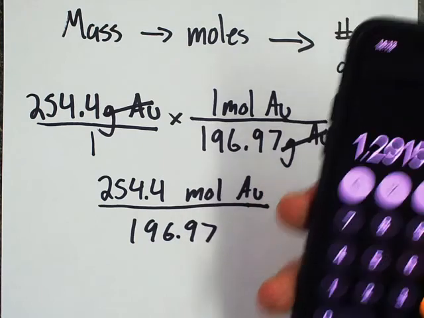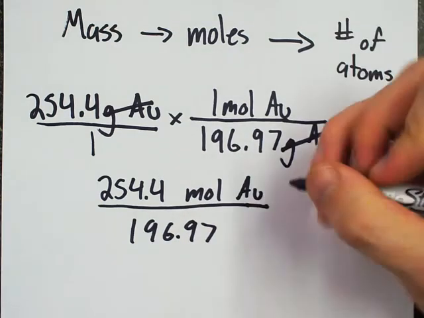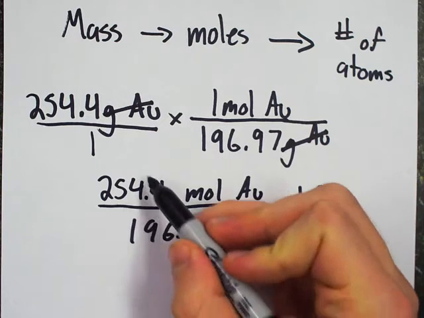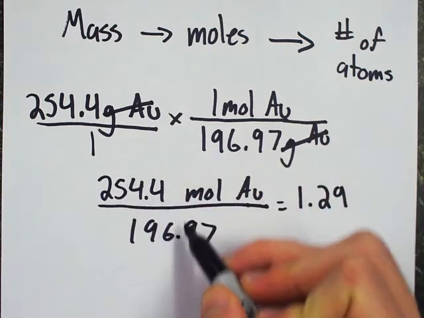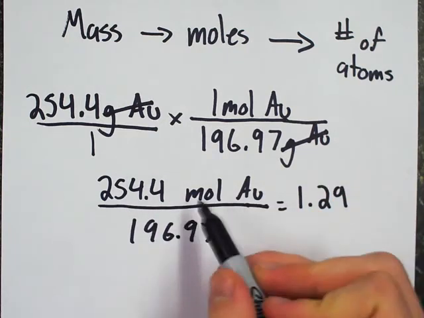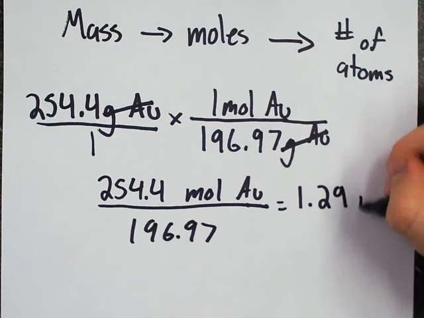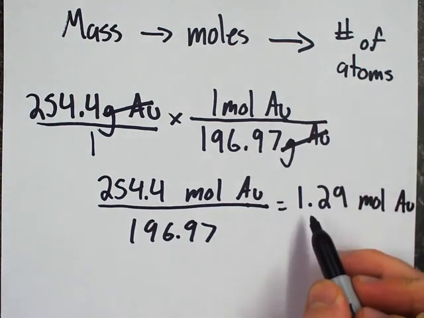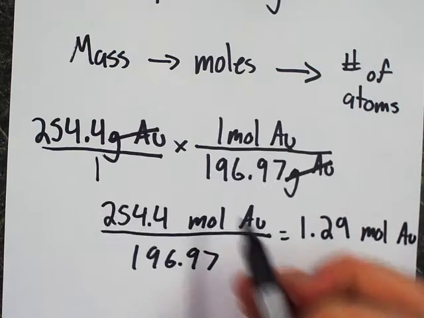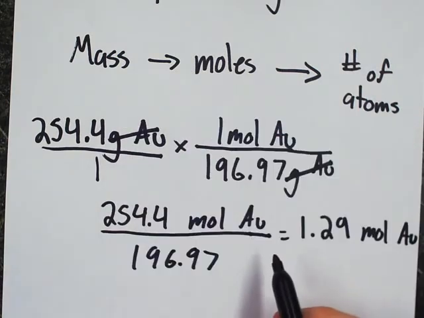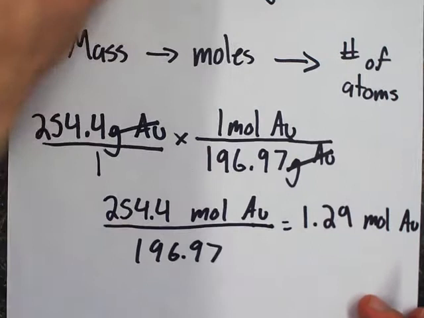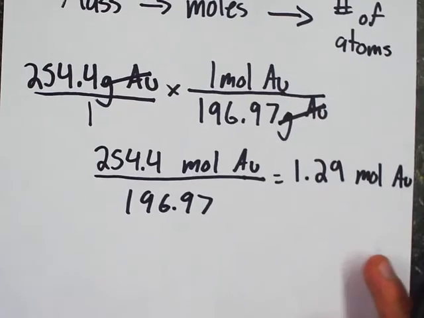I'm going to get 1.29. That's what happens when I did 254.4 divided by 196.97. My only units left are moles of gold. So I've gone from mass to moles. All that's left for me to do is go from moles to number of atoms.